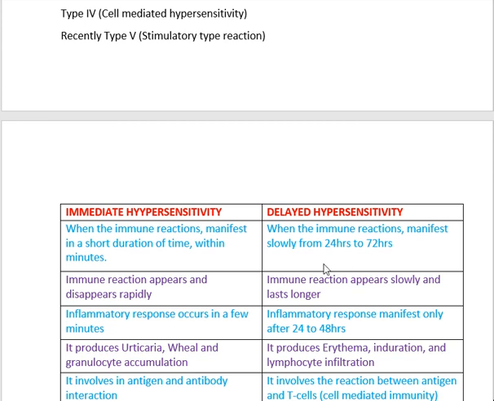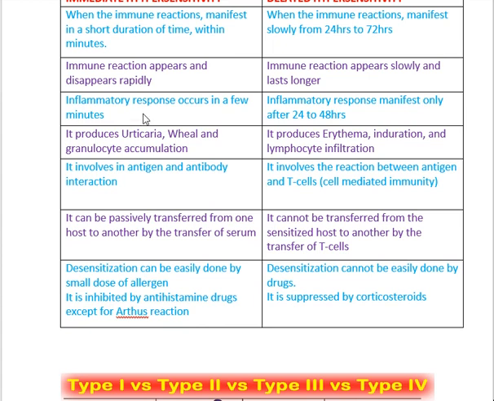But the delayed type slowly manifests from 24 hours to 72 hours. In the immediate type, the immune reaction appears and disappears rapidly. But in the delayed type, the immune reaction appears slowly and lasts longer.